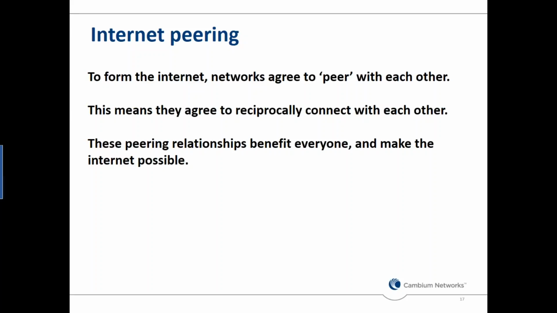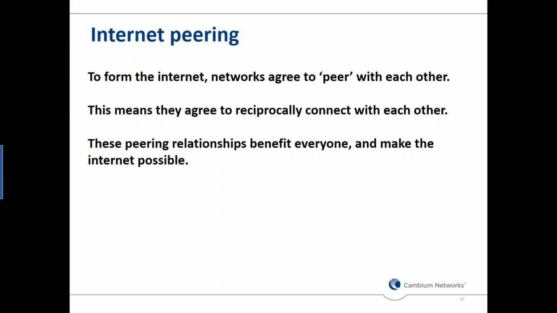Basically how that works is, let's say AT&T has a network and Verizon has a network. They come together and agree to peer with each other, as it's called. This means that AT&T and Verizon agree to connect their networks to each other because they see it as being mutually beneficial. AT&T's customers can access services and applications that Verizon's network has, and vice versa.